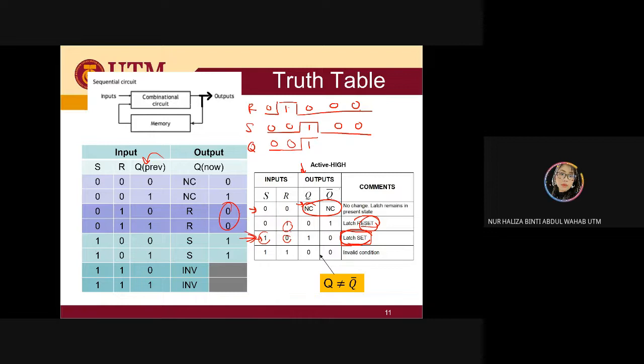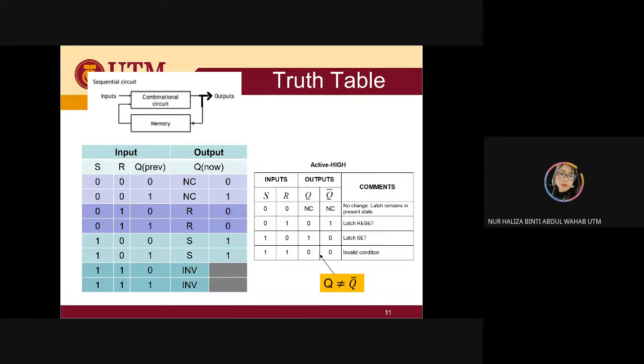And now my input is 0, 0. It will be no change, so it will follow the previous output, which is 1. So this is what happens to your output from your SR latch if you are given a timing diagram.